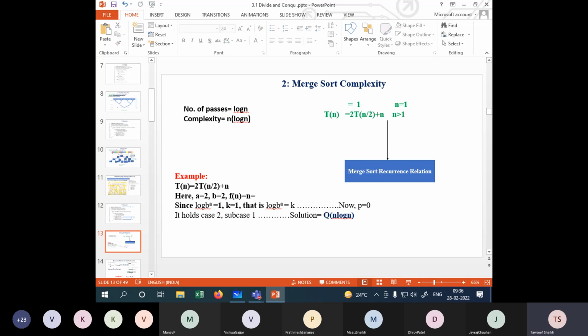Subcase 1 gives the solution that whenever you have a function like this, the total complexity of that algorithm will be order of n^k log^(p+1) n. Substituting the value p equal to 0, it is n log^(0+1) n, so order of n log n. So even if you find its complexity using the method of solving the recurrence equation, you will find it equal to n log n.